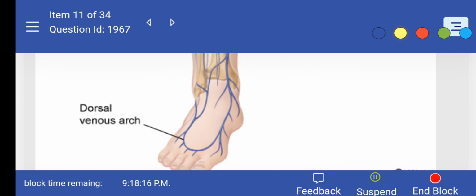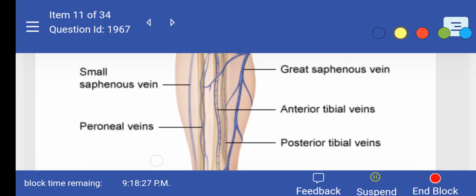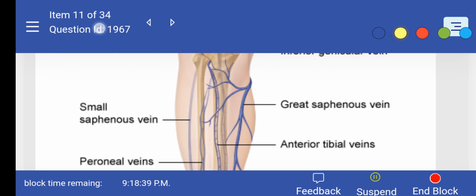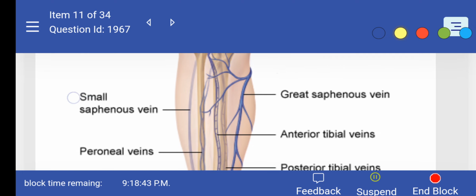So we have the dorsal venous arch, right? That moves in the upward direction and continues to drain into the great saphenous vein, and also into the small saphenous vein. It drains into the small saphenous vein on the lateral aspect of the leg and into the great saphenous vein on the medial aspect.